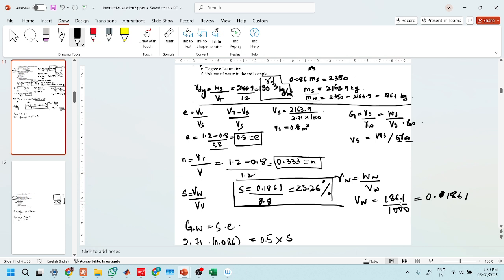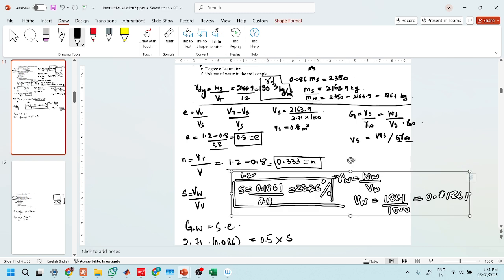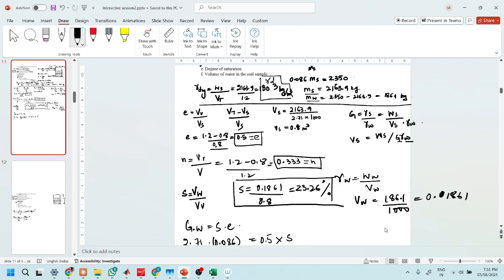That's also correct, madam. VW is correct. That's in cubic meter. VV, from where you got 0.8?